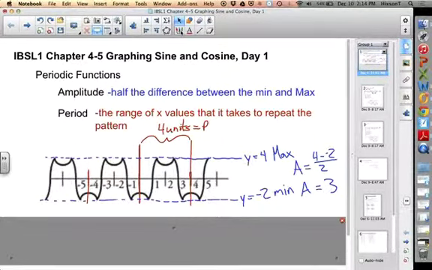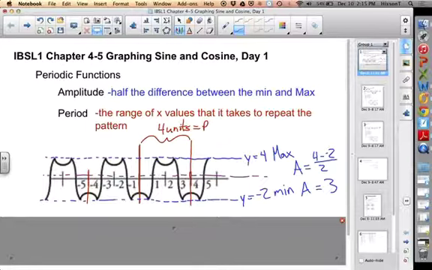Okay, so we've got this central line, there we are. And to get up to the max point, we would have to go 3 units up. To get down to the min point, we would have to go 3 units down. Okay, because our amplitude is 3.